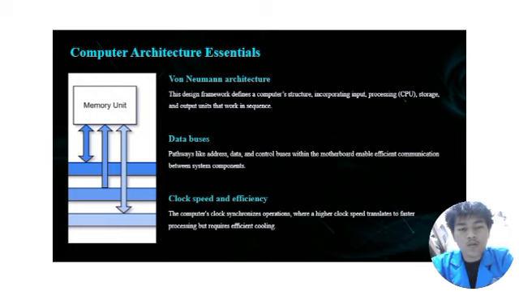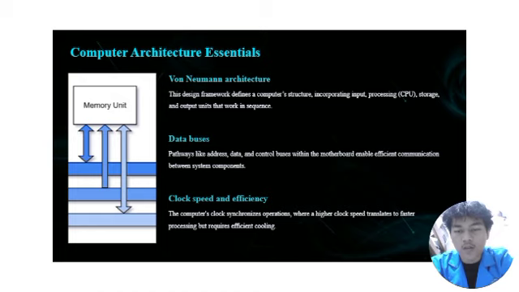Computer architecture essentials. In the Von Neumann architecture, the device is structured with input, processing CPU, storage, and output units that work in sequence. That process fetches by address and control.